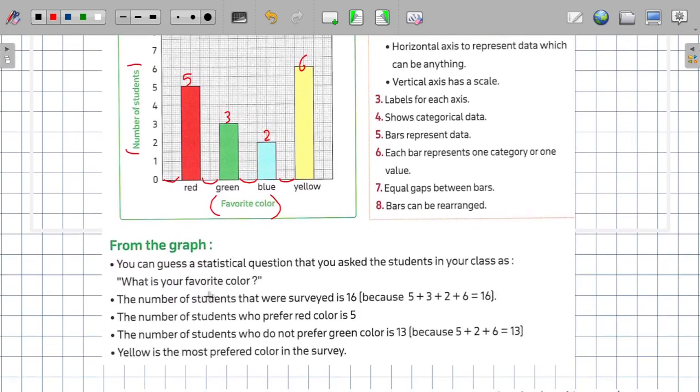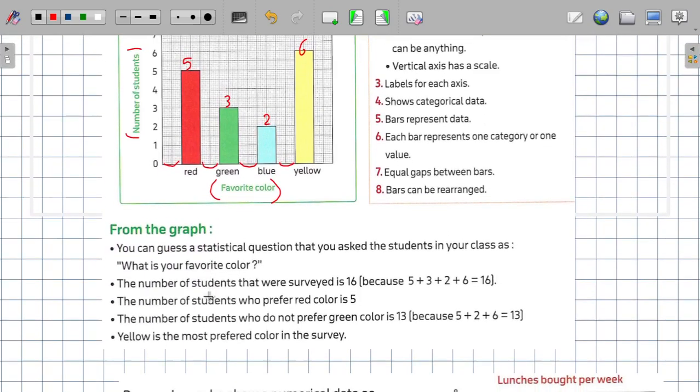So I think from the graph we can know a lot of things. The first one, that I can guess a statistical question that can be asked in my class, like what is the favorite color? Or what is your favorite color, okay?